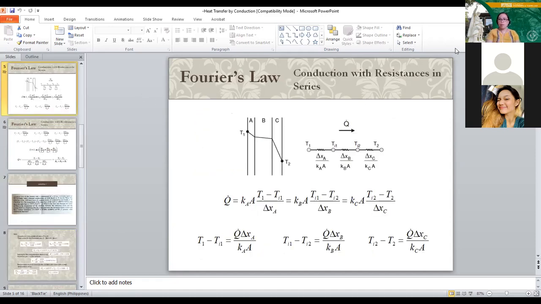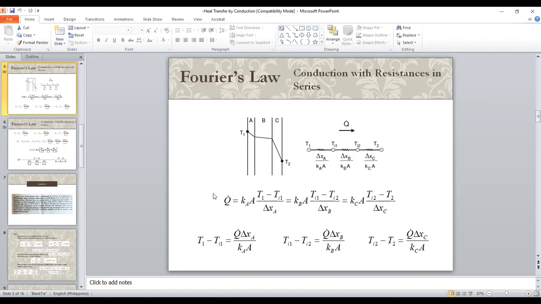Now, you could see in here that if you have several solids, we call this conduction with resistances in series, and these particular solids of course represent different resistances because we assume that solid A is different than B and also than C. Otherwise, if they're all the same, we can just view this as one entire slab.